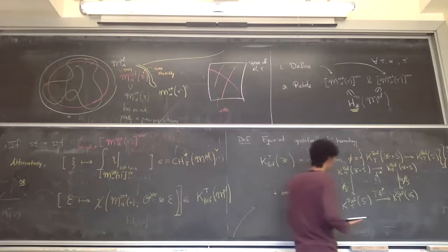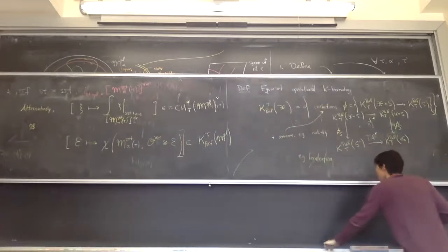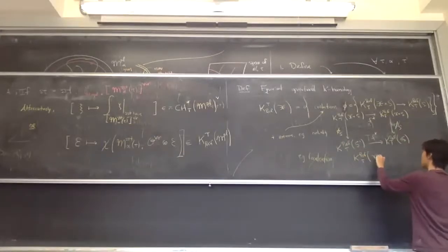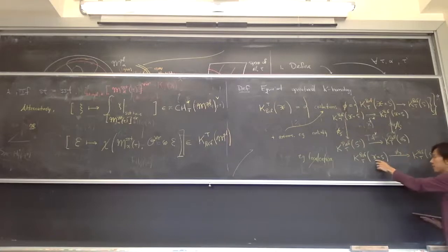And what's it going to look like? It's going to look roughly like the requirement that K perf T of X cross S is going to have to factor. So if we want to think about a particular functional in our collection, it should factor through something which resembles the T fixed locus of our stack X. Now the actual T fixed locus of a stack is kind of annoying. It can be much larger than you think.